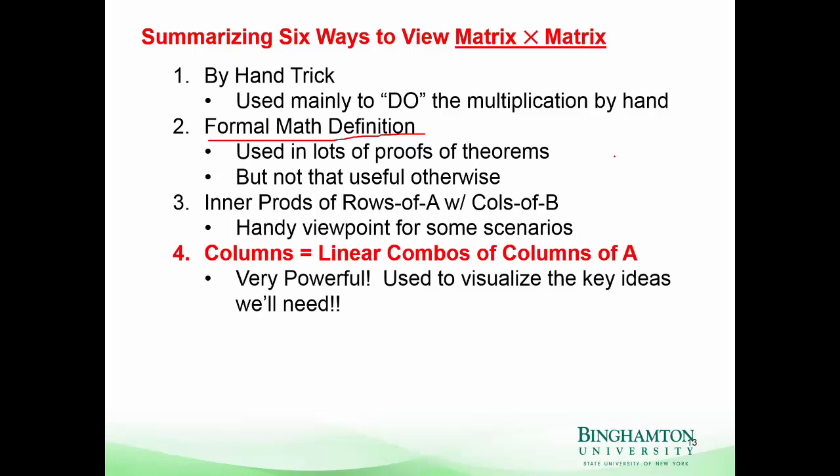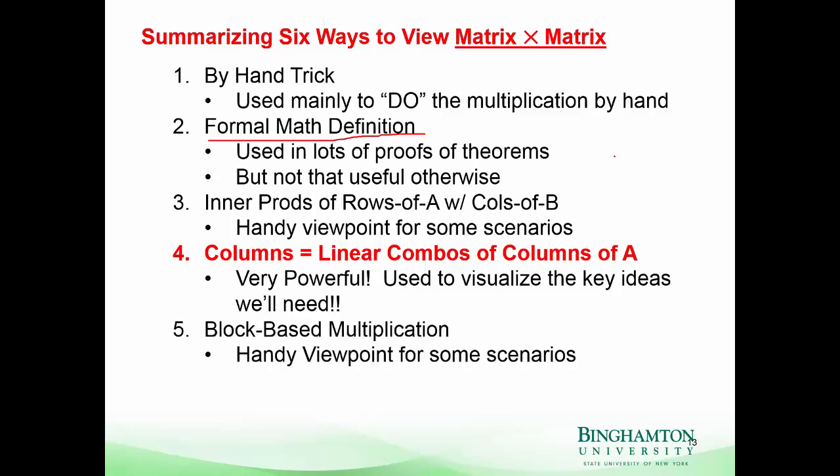Hey, I've got this one colored red and bold, so this is probably the big idea, that the columns of the result are linear combinations of the columns of A. And this is an extremely powerful way to visualize some of the key ideas that we'll be talking about later.